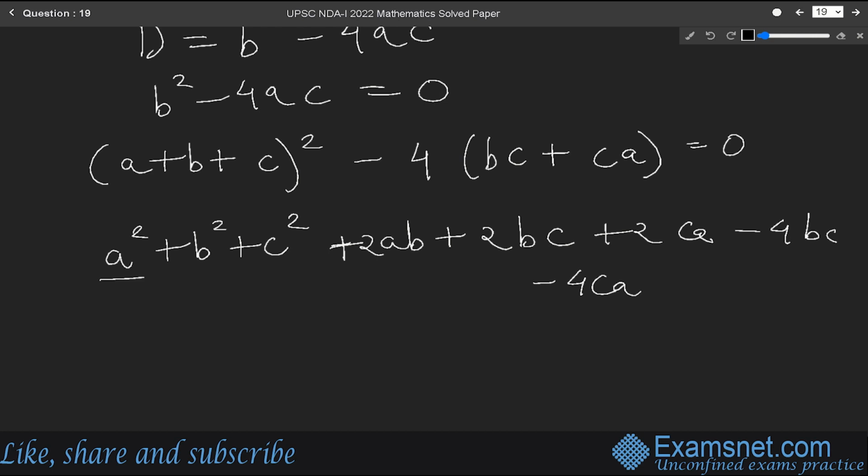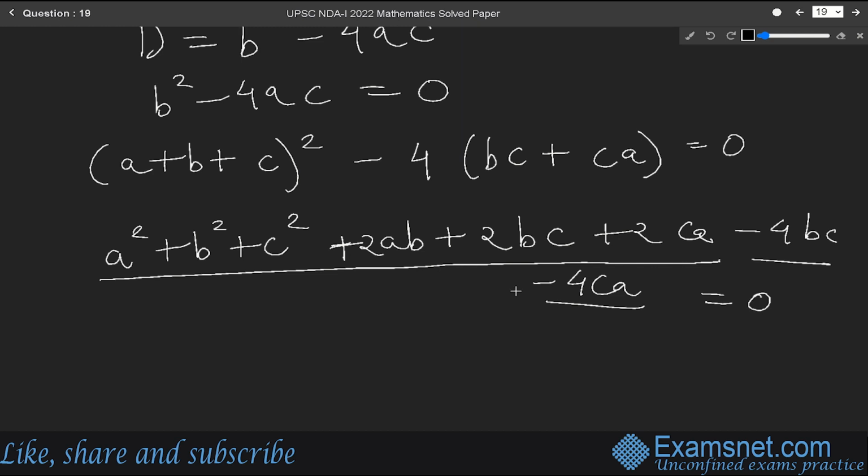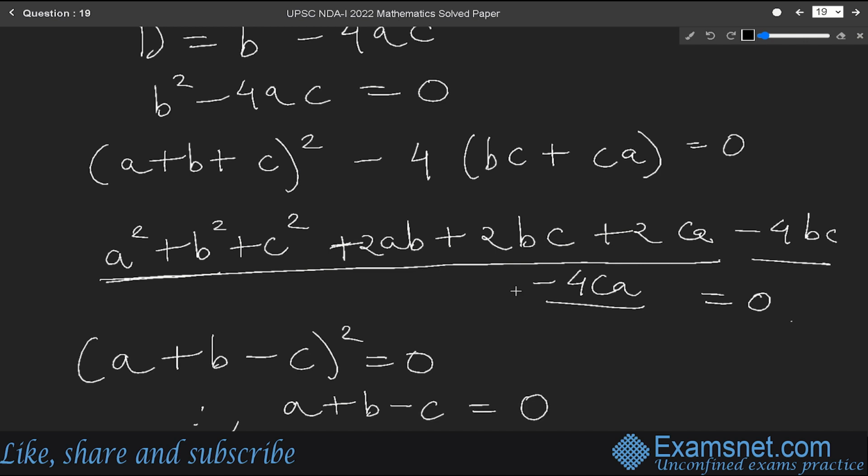Now you can see that this particular term is also equals to 0 and the second term is also equals to 0. From this first term we get a formula which is a plus b minus c whole square is equals to 0. Therefore the correct option is a plus b minus c is equals to 0.